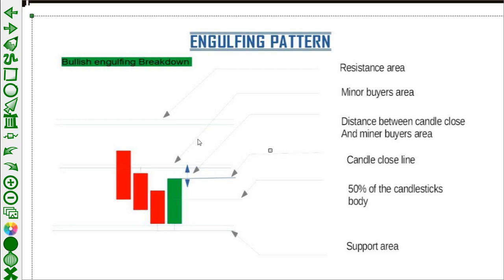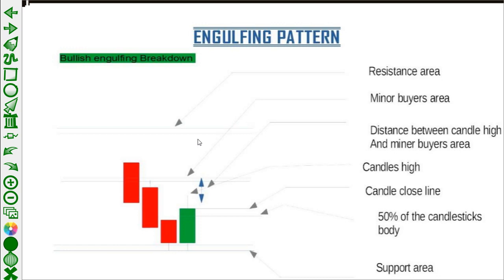In the second image, you may observe that this is also a valid bullish engulfing pattern. But here we can find a wick at the top of the candle.